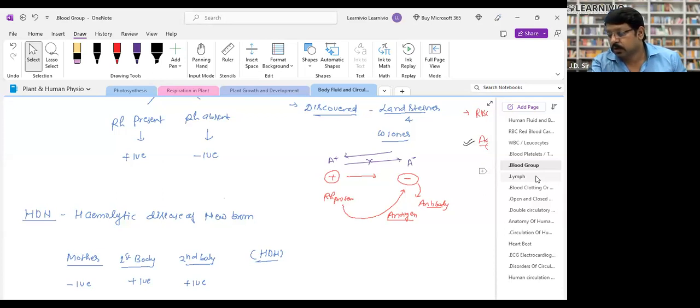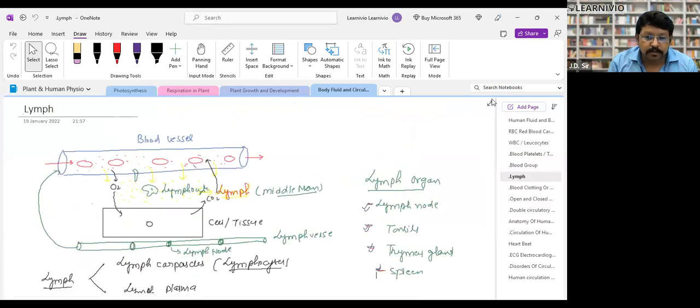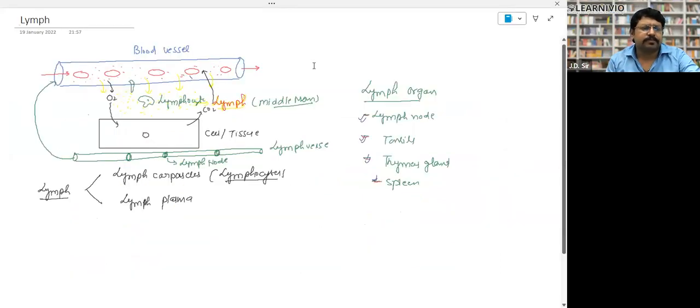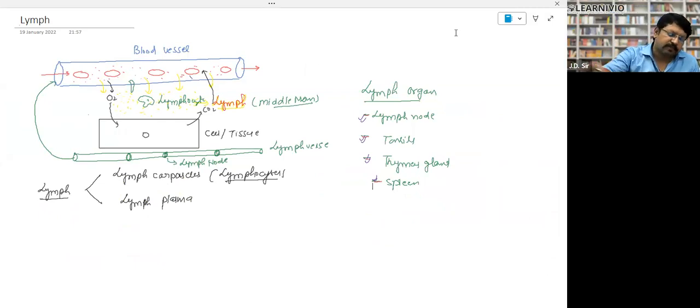I told you coagulation of blood and then lymph, right? So first, let me tell you what is the lymph. I think we have discussed lymph in the last class, but let me explain again what is the lymph.